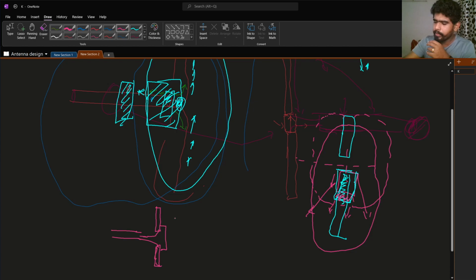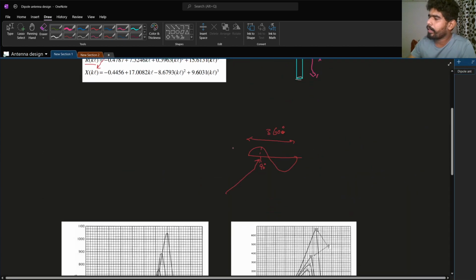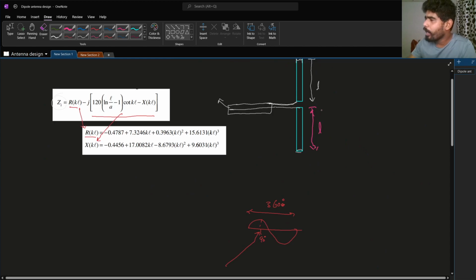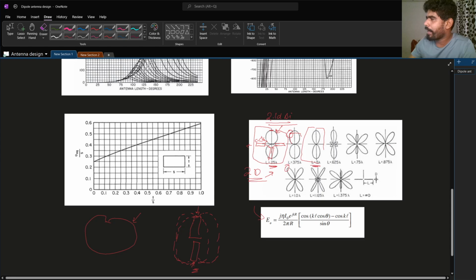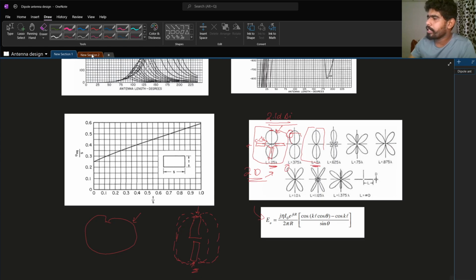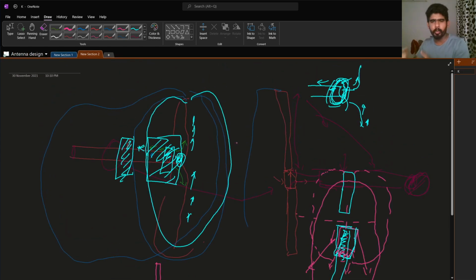So, summary of what I can say from these equations and the theory: how the impedance is different, how the patterns change, and what all things you need to consider in the simulation. In the actual simulation you also try to implement actual things.